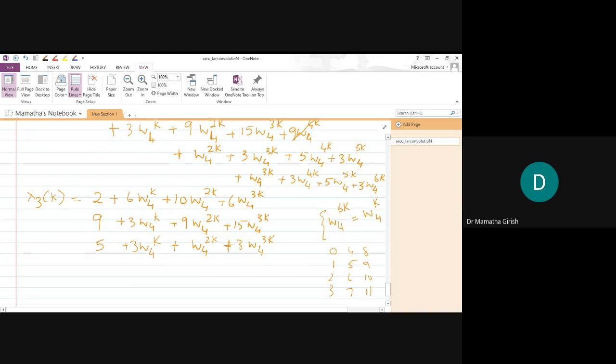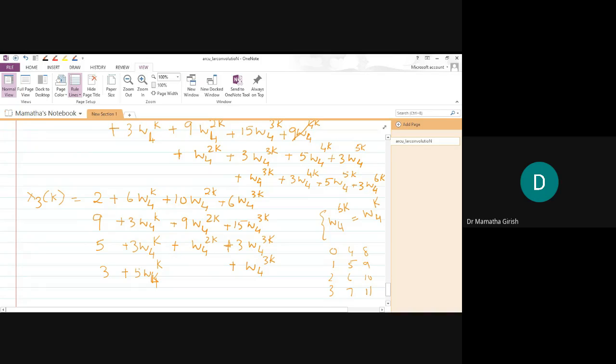Coming back to the last row, the last row is W4 to the power of 3k as it is. As I told you, W4 to the power of 4 is 1, and 1 into 3 is 3. Then W4 to the power of 5k is W4 to the power of 1k, so write 5 times W4 to the power of k.